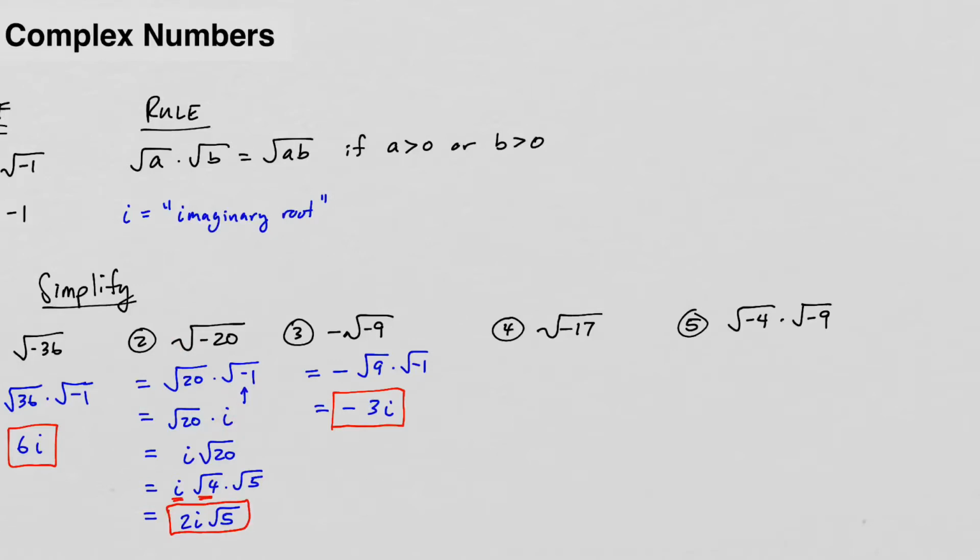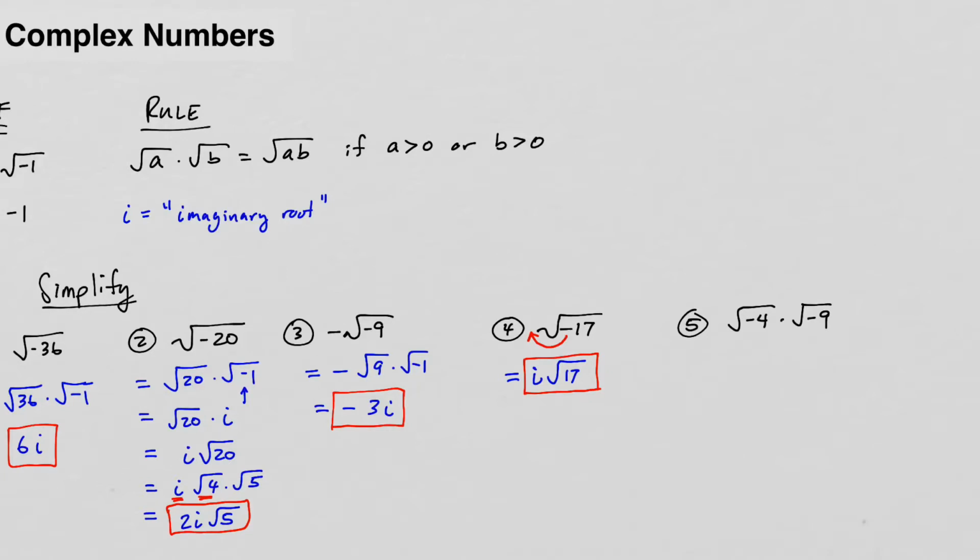So that is a shortcut that you can take here. So we're going to pull the negative out of the radical here. But when we do this, it becomes an i. And so this becomes i times the square root of 17, and that is our final answer because radical 17 does not simplify.